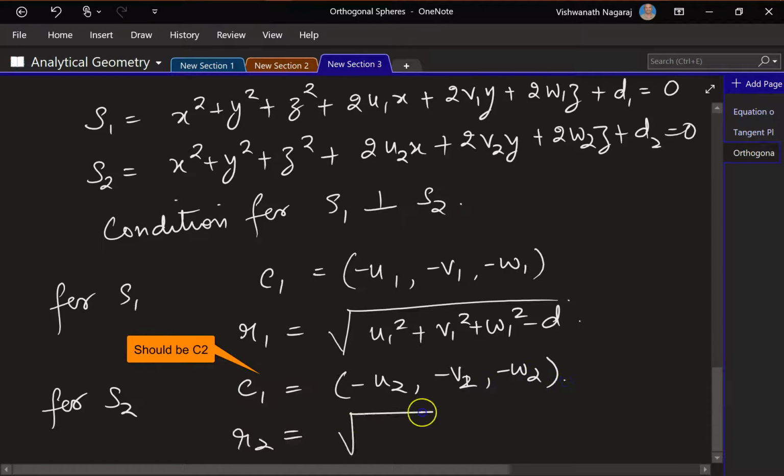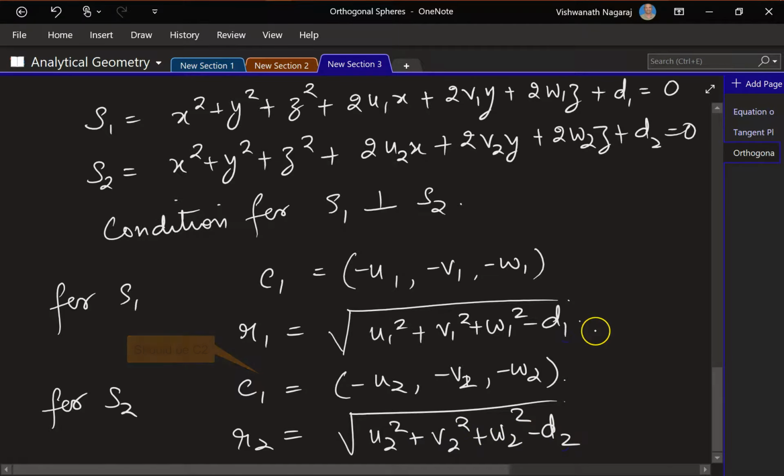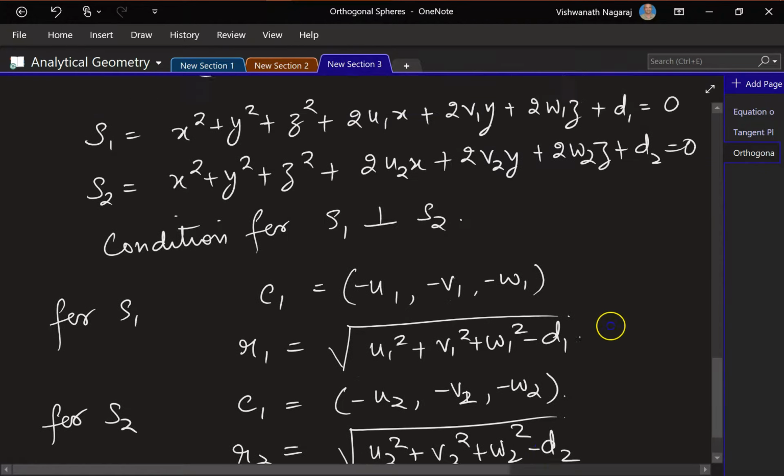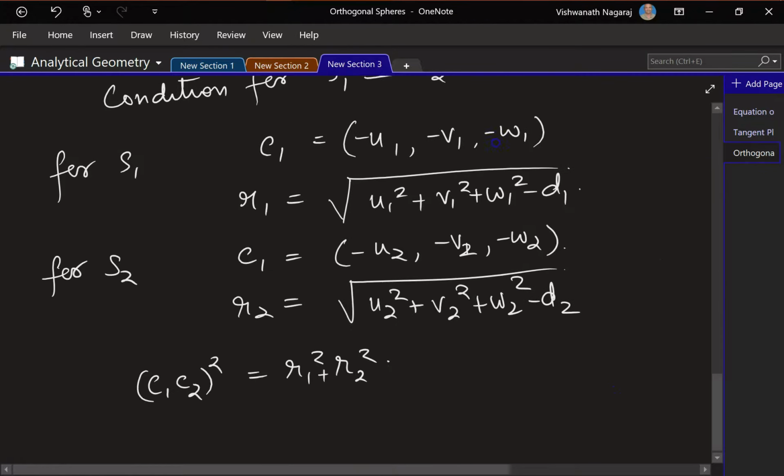The radius is going to be square root of u2 square plus v2 square plus w2 square minus d2. Remember, C1C2 square is equal to r1 square plus r2 square. We saw that here.